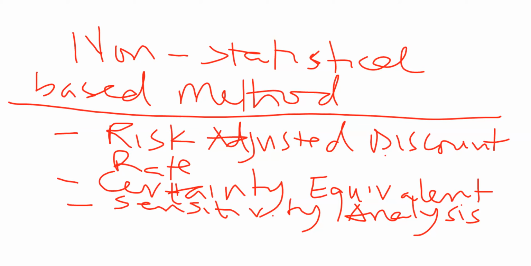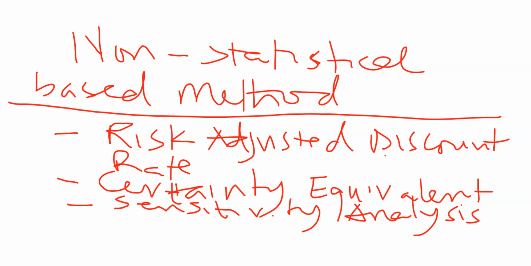So I'm going to start with the first one, which is the risk-adjusted discount rate. For us to apply that method, we need 2 risks. One is called the risk-free rate, and we're going to be given the risk premium. So we'll add the 2 together.